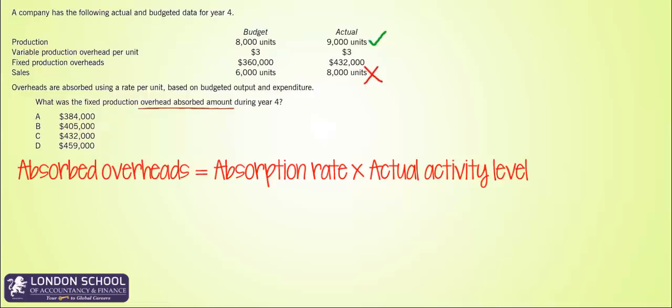So, absorption rate formula is budgeted overheads over budgeted activity level. So, that's a simple calculation. Budgeted overheads in this case are $360,000, and budgeted activity level is 8,000 units.